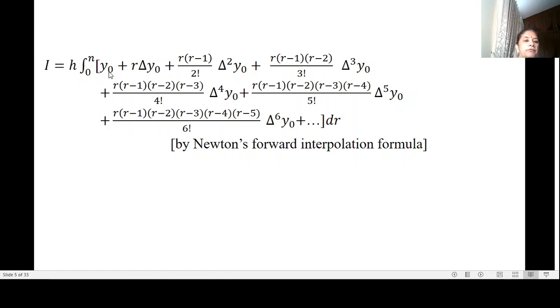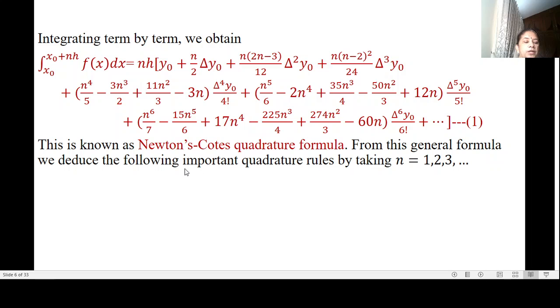In the first term y0, the second term r delta y0, the third term r squared minus r divided by 2 multiplied by delta squared y0 plus r cube divided by 6 minus 3r squared divided by 6 plus 2r divided by 6 into delta cube y0. So first simplify this and then integrate term by term between the limits 0 and n. So we get this formula which is known as Newton Cotes quadrature formula. Take n common from the terms and bring it outside.